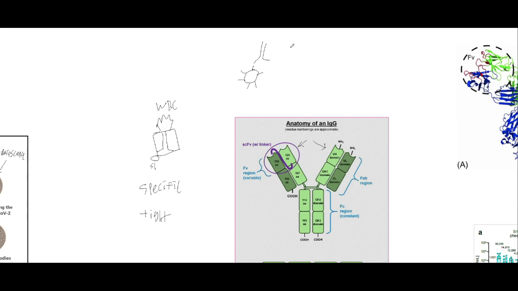These will also bind to other IgGs that are bound to viruses, and then we get what's called agglutination. I think this is how it's spelled, agglutination. And that just turns this into a big blob that is unable to infect cells.